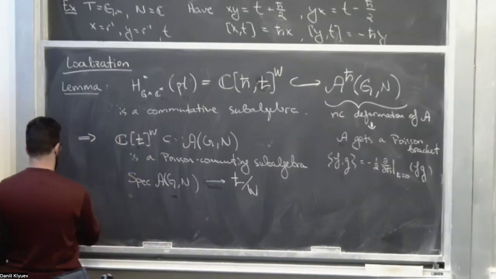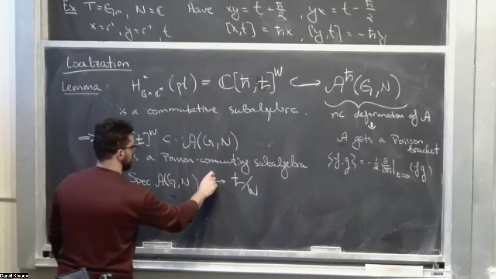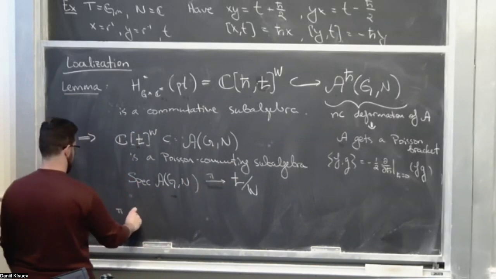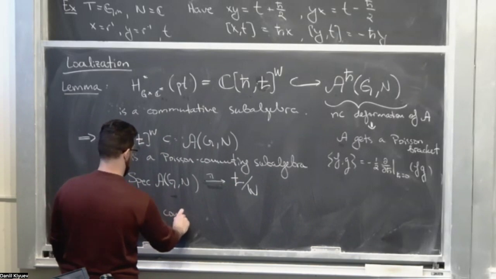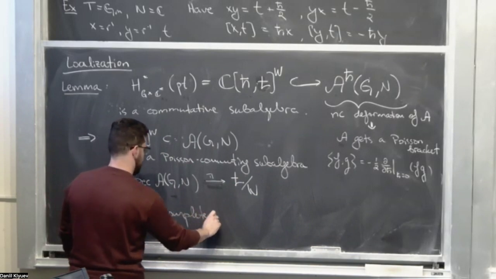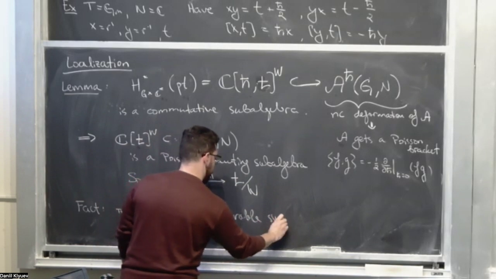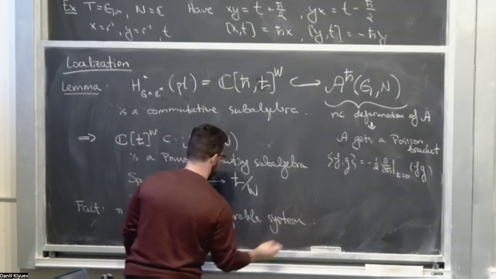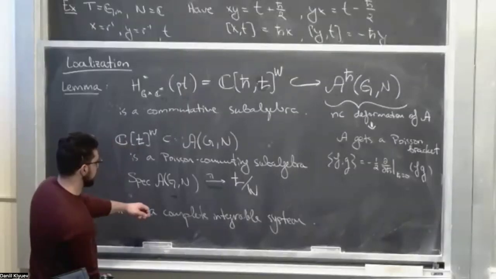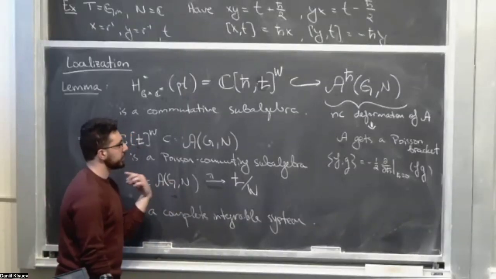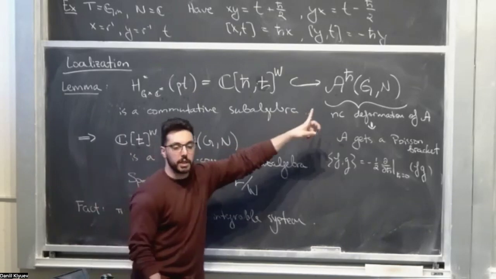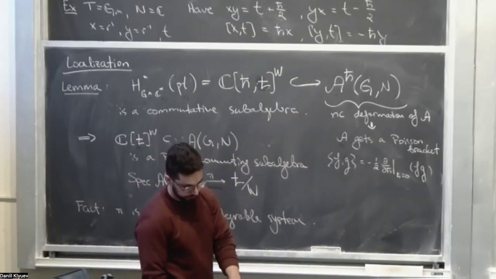So, fact: pi is a complete integrable system. Essentially this means that the fibers of pi are tori, given by the dual torus of the maximal torus of G, I think.